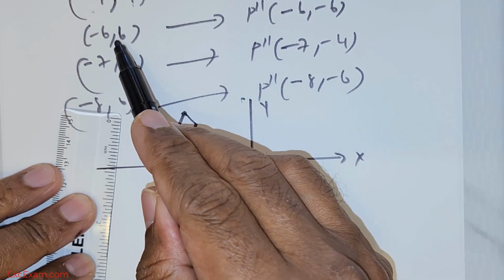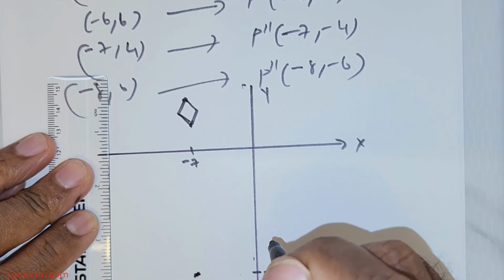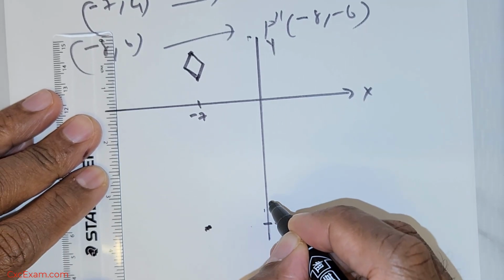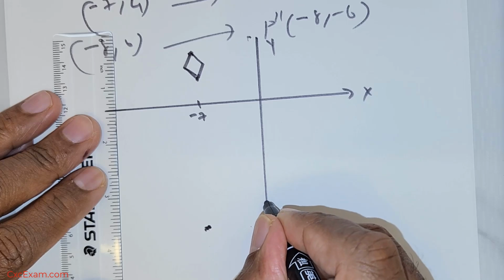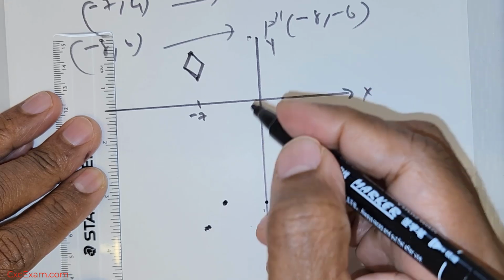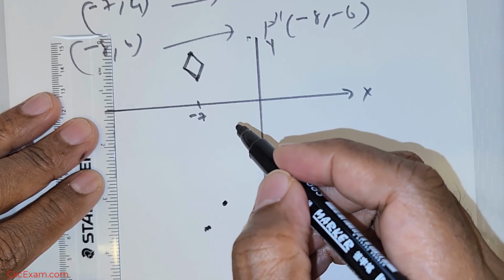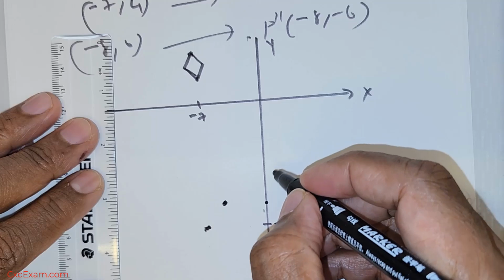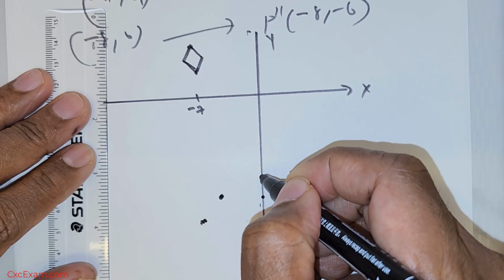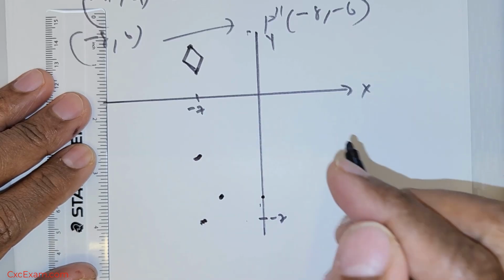Now the right side point, (-6, 6), is going to be (-6, -6), so that's going to be over here. The next point is the lower point, (-7, 4), which is now going to be (-7, -4). So if this is -6, -5, -4, approximately this will be the point.